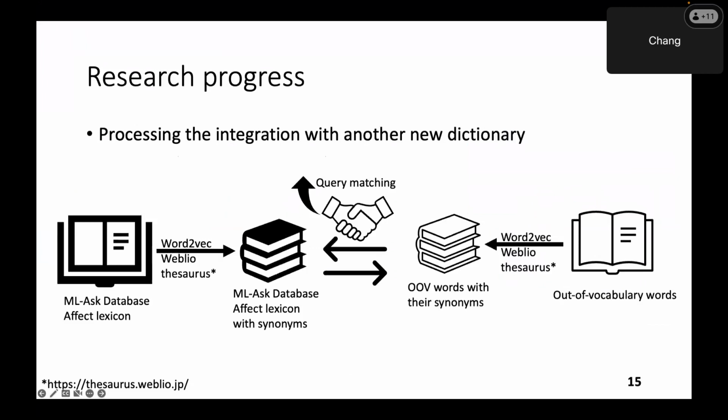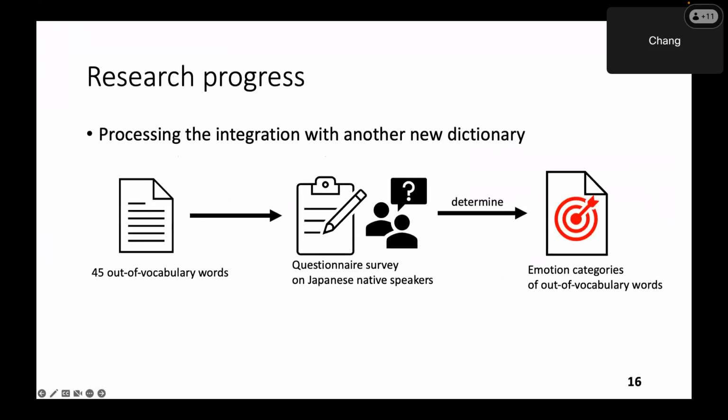Then we also decided to use the pretrained word2vec model and Weblio thesaurus on the words in the MLASK database to improve the query matching of synonyms. After this, we finally got the result that there were 45 out-of-vocabulary words left, which we needed to deal with.